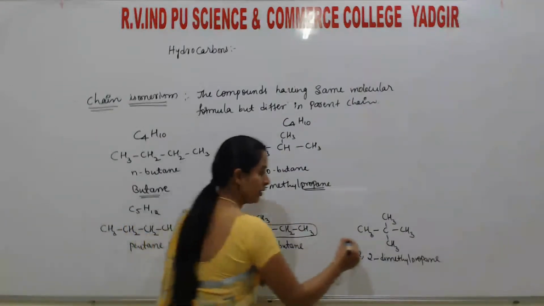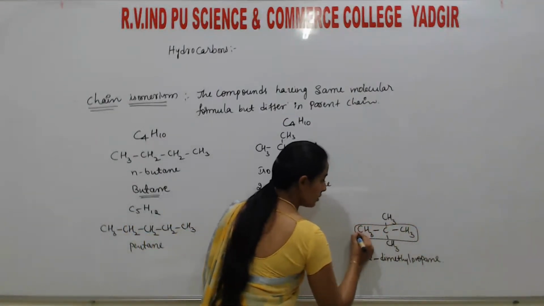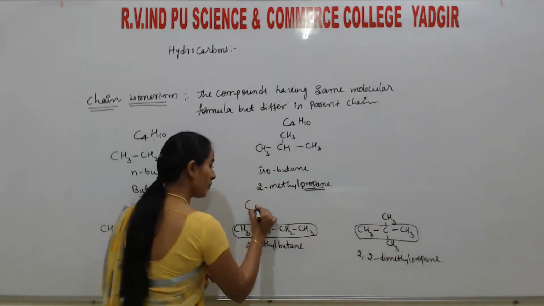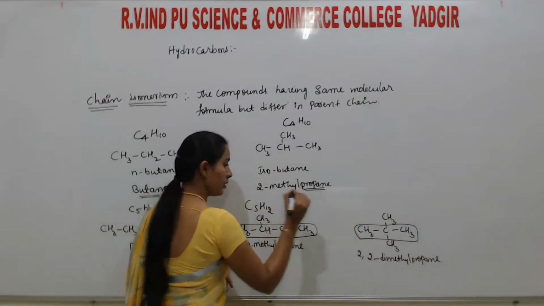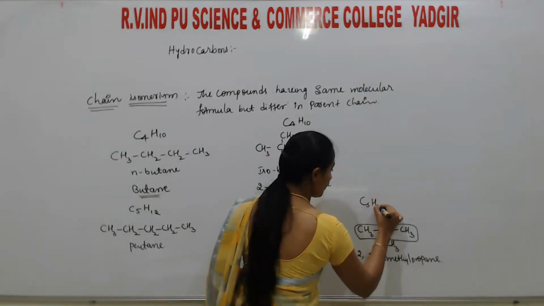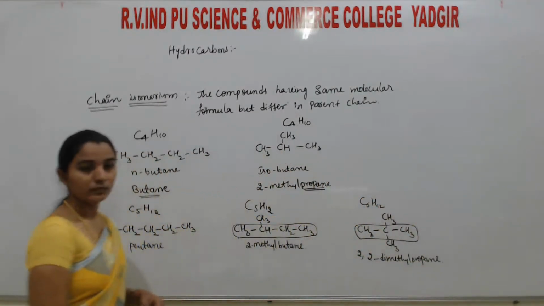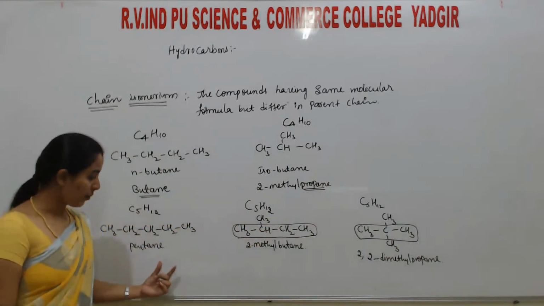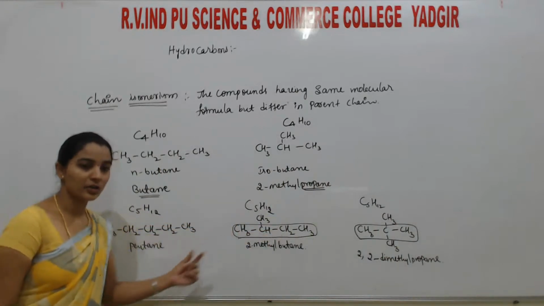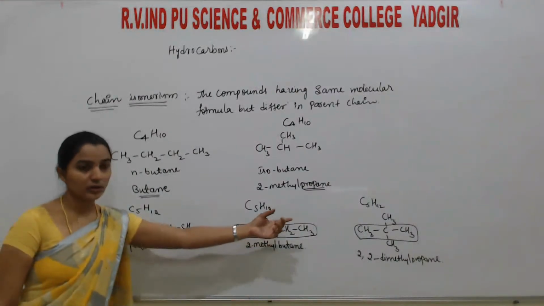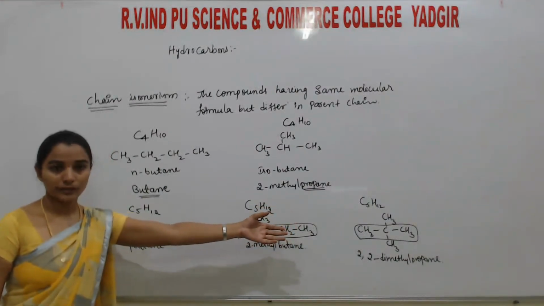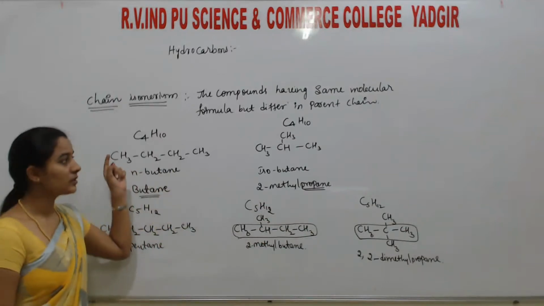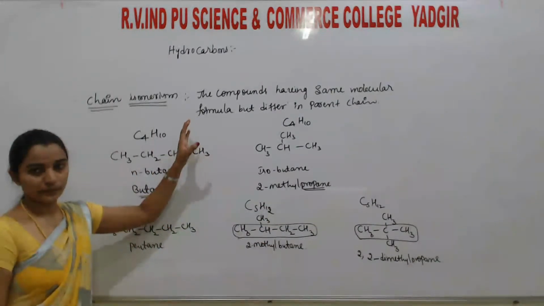Butane here, this is the parent chain. Propane here. Here also molecular formula C5H12, here also molecular formula C5H12. So the compounds having the same molecular formula but differ in the parent chain. Here it is pentane, here it is butane, there it is propane. Okay, this type of isomerism is exhibited by alkanes. Understood?